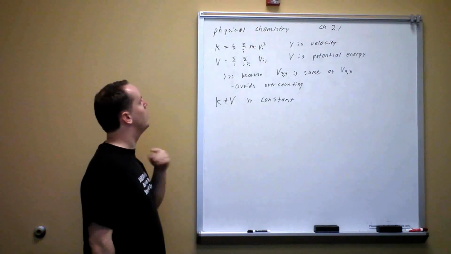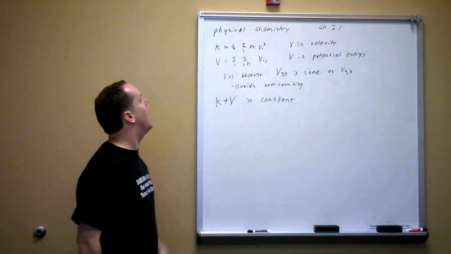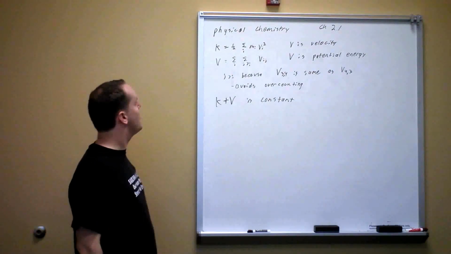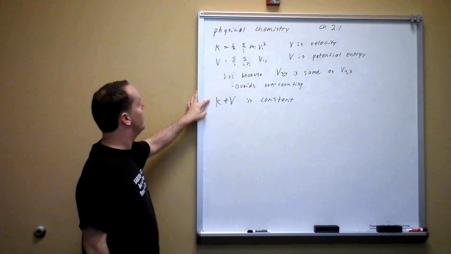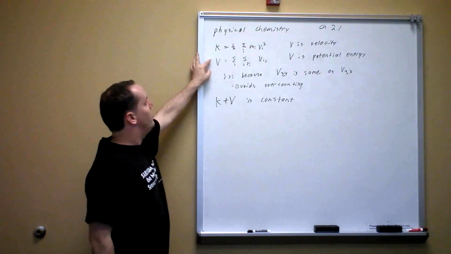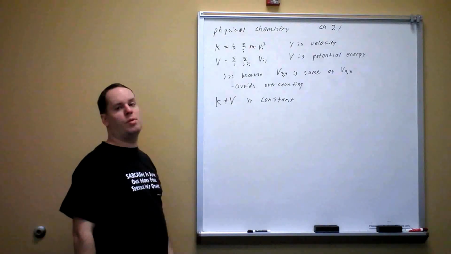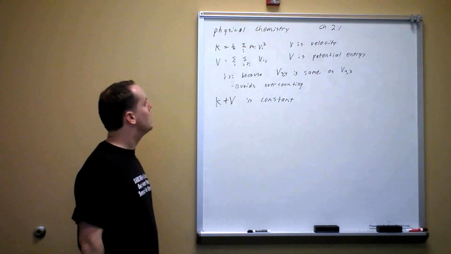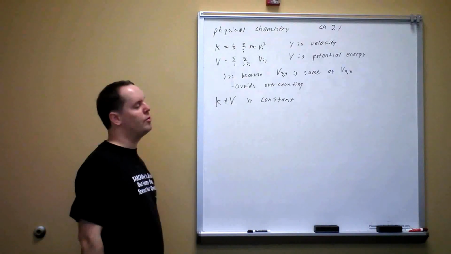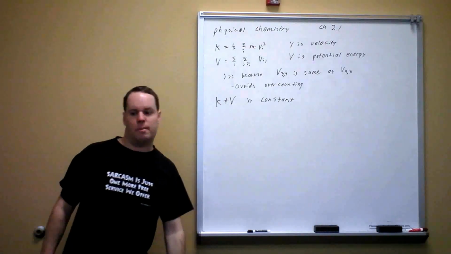So we don't want to double count. So that's what this j greater than i means here in the second sum. And as we saw before, conservation of energy, this K plus this V is equal to a constant for our system. We saw it on the previous slide for a single particle system, and it's still true for a multiple particle system.